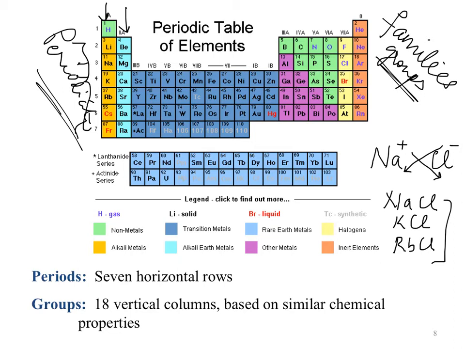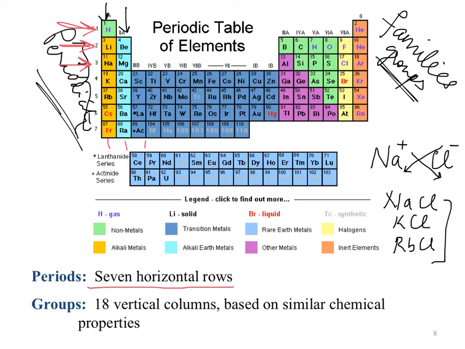Likewise, you can also have horizontal periods. So these are all horizontal periods. And the grid that you get, the way we have over here, is what is referred to as the periodic table. So overall, we will have 7 horizontal rows and 18 vertical columns based on the similarity of the properties.